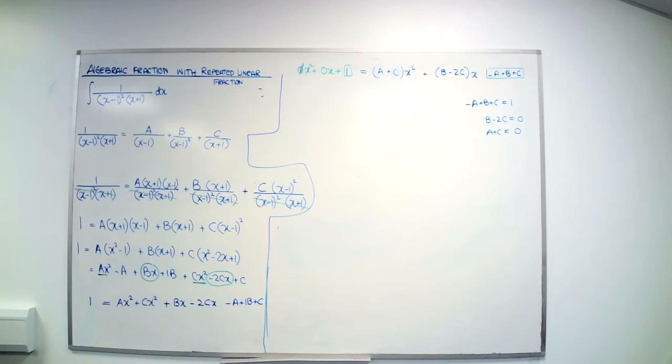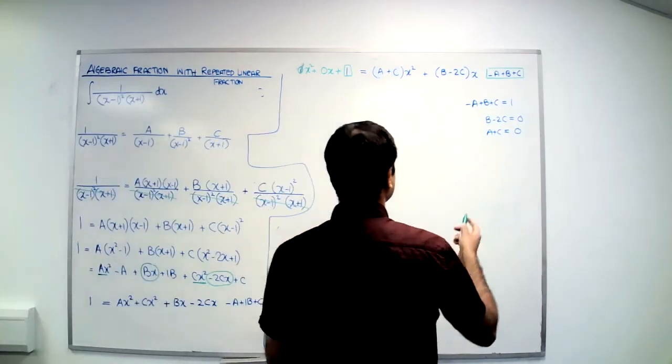Number of unknowns are 3, and minus 1, 1, 1, 1, and that's equal 1, 0, 1, minus 0, 1, 0. And when you solve this one, they will give you the values.